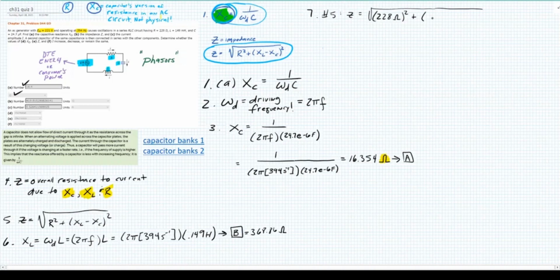So this is just calculator memory location B minus calculator memory location A, squared. So let's see what that looks like.